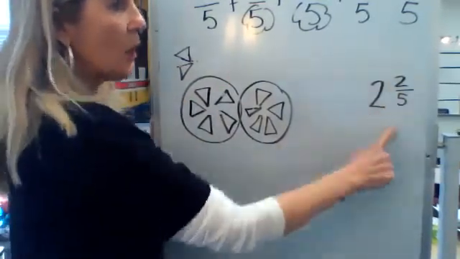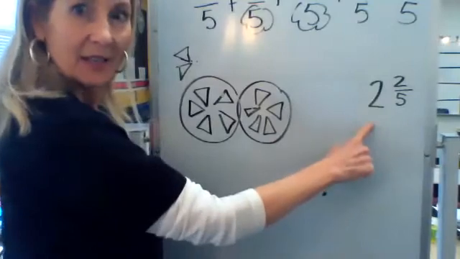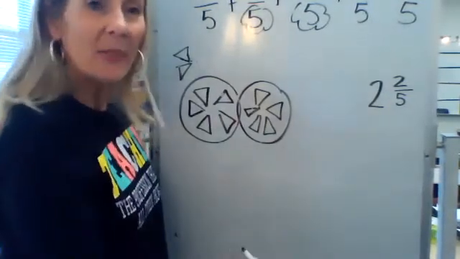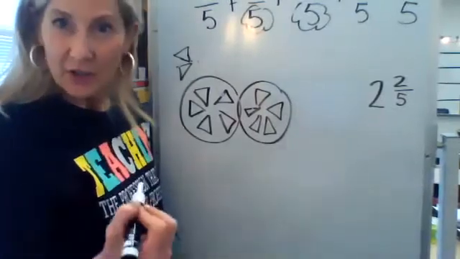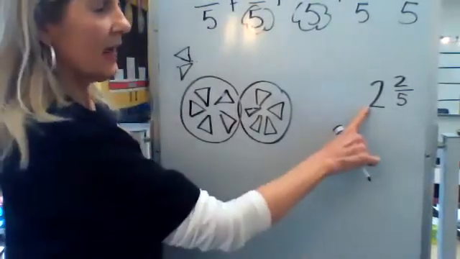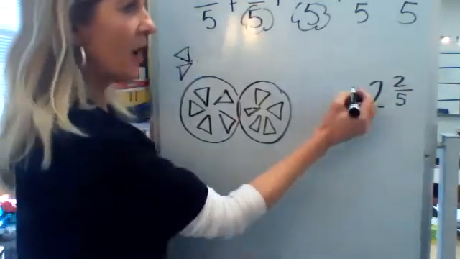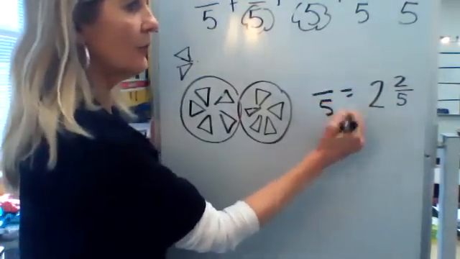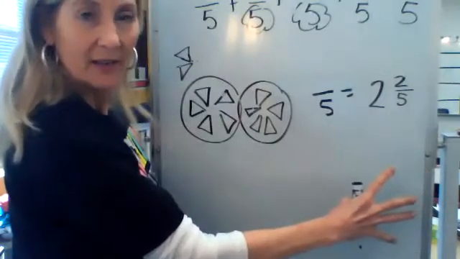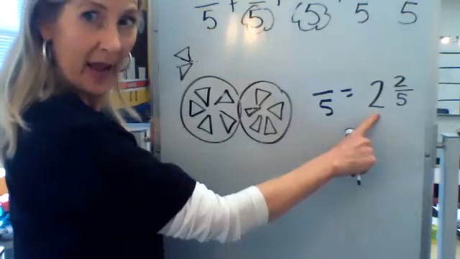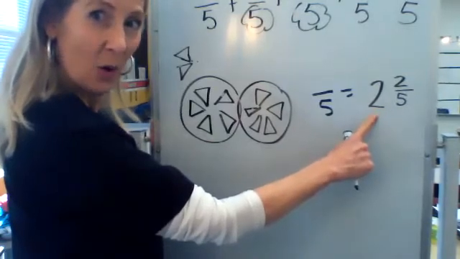So how many total fifths would be represented in this amount? Well, you know, because we just did it, but think about a procedure if you didn't know that. You know you have 2 fifths for sure, but they want to know how many fifths total if you were to break this all apart again. And one of the tricks is to know how those wholes were made, how many fifths it took to make each one of the wholes.